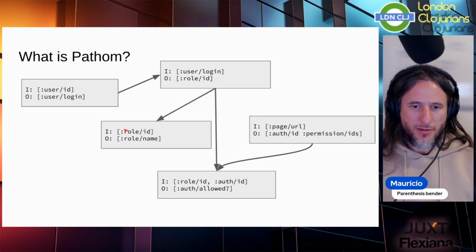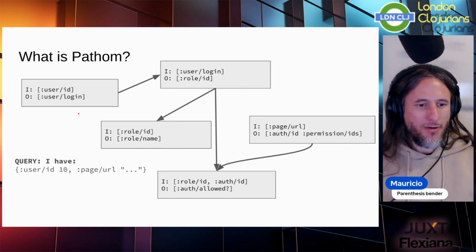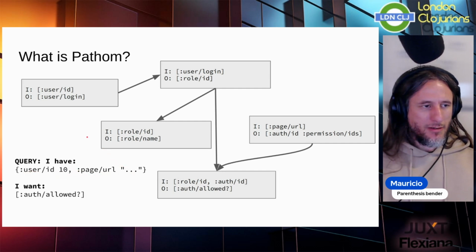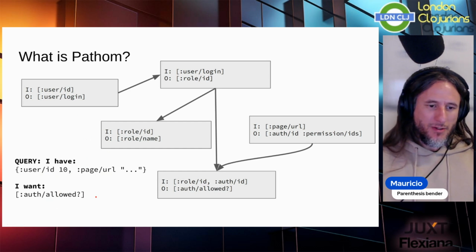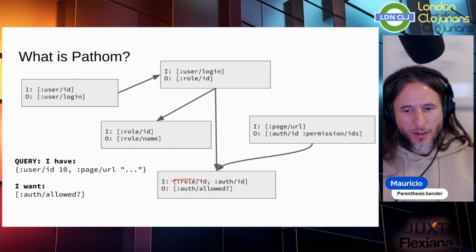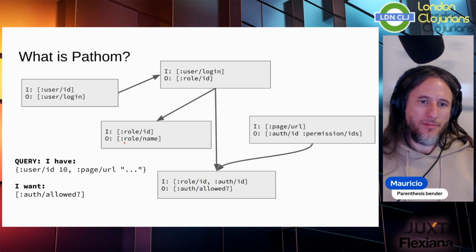And here's another example of a resolver depending on role ID. And the way it works is that I say what I have, which is the entity. So I have user ID and page URL, and I want authorization allowed. So Pathom is intelligent enough to say, okay, you want this, so I won't ever run this.